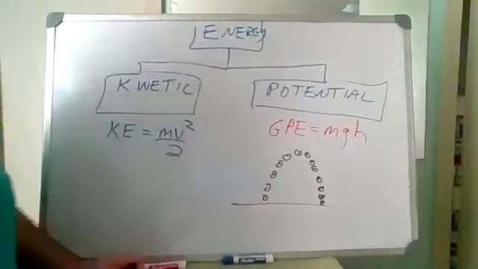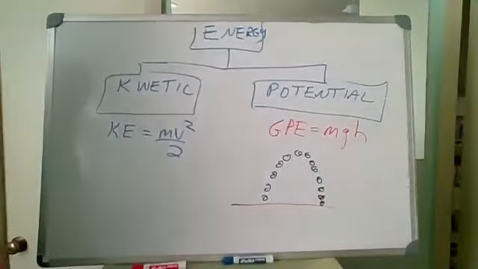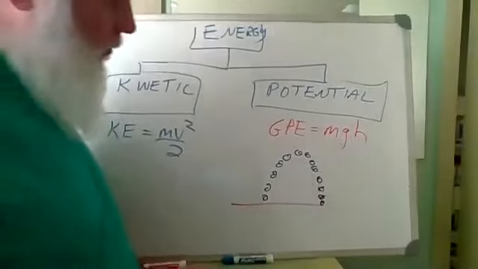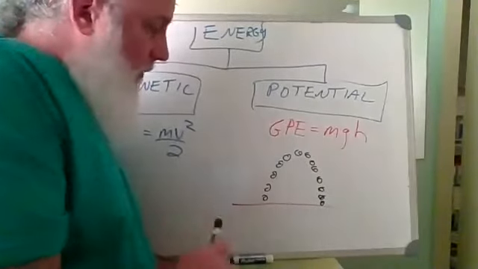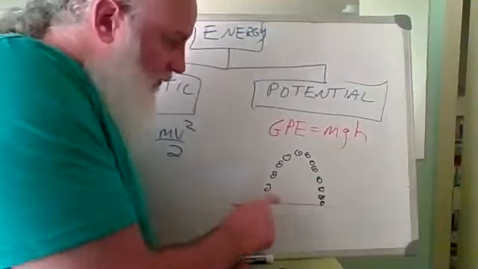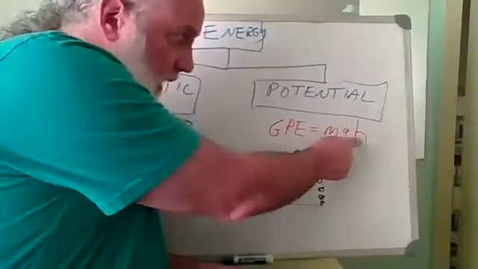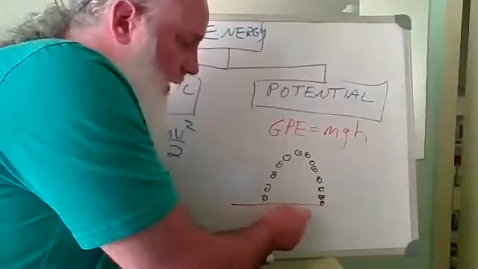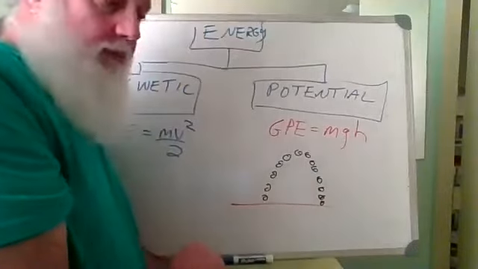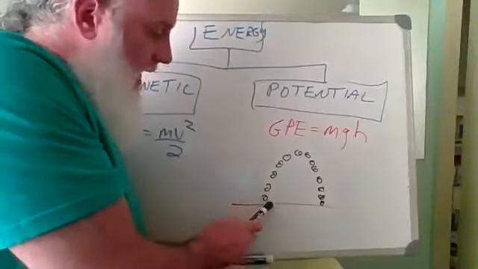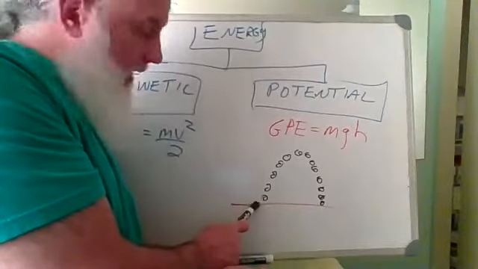And we can introduce another conservation law here. When you throw the ball up, if we define the ground to be zero, the height is equal to zero at the ground. So you throw the ball up, it has no potential energy there, it's at the ground.